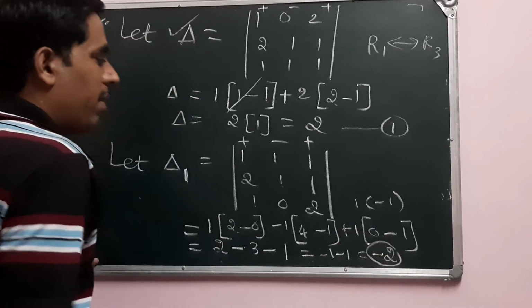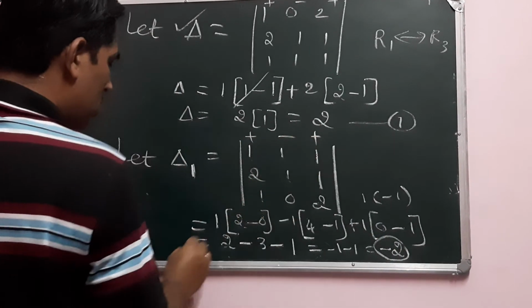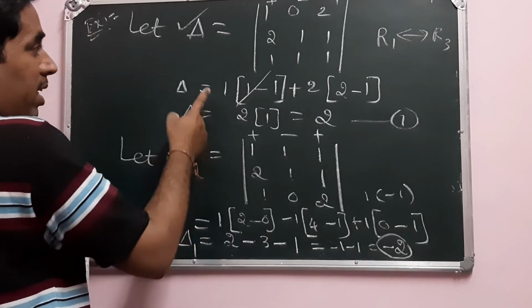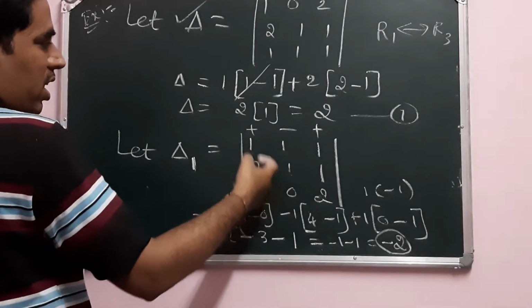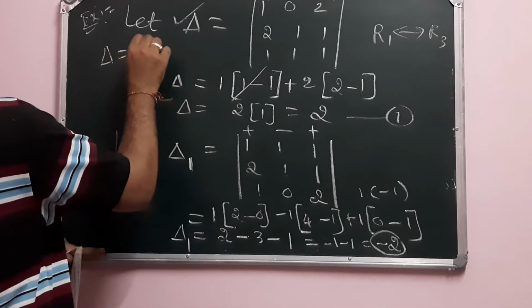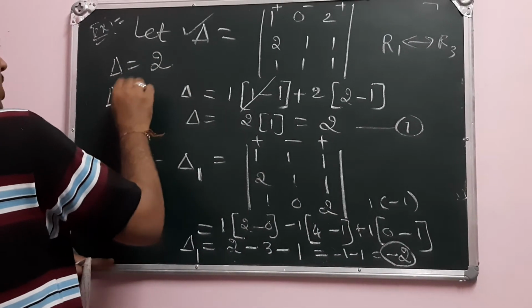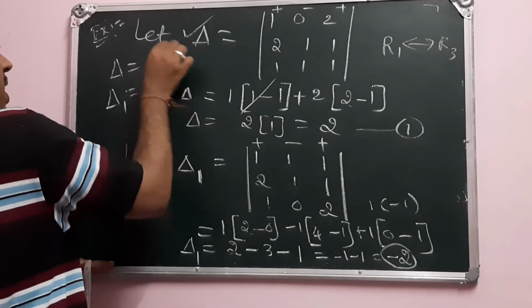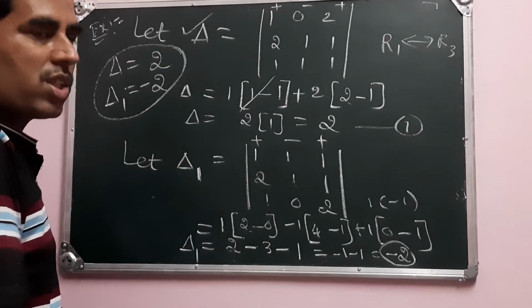See what I told? Minus. The value of delta is 2. And the value of that determinant after interchanging the rows, after interchanging the first row and third row, I got minus 2. The value of delta is 2. After interchanging rows or columns, I got minus 2. This is the property. You have to understand this.